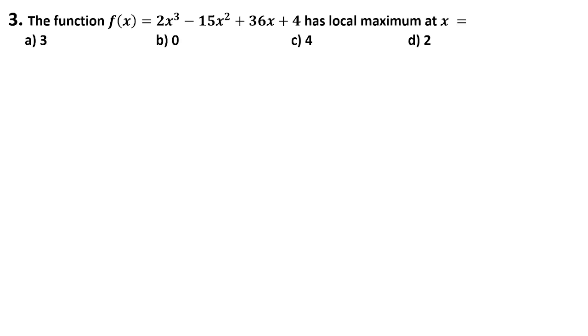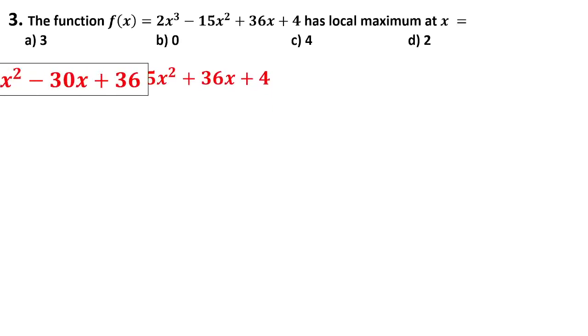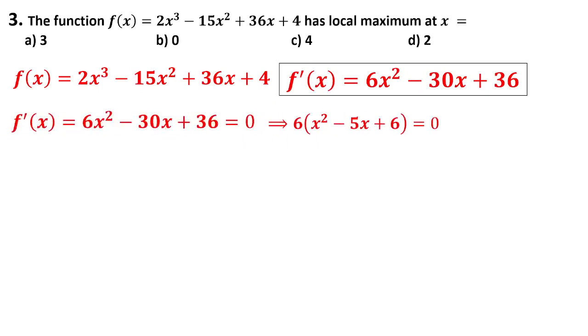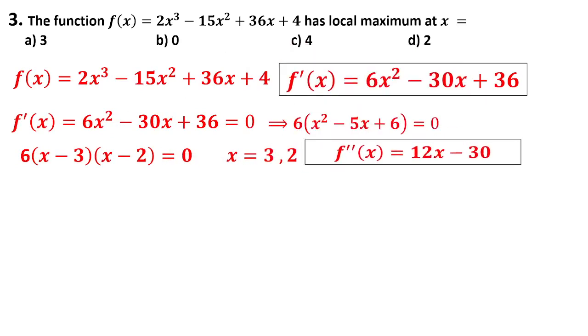Question number 3. We have to find at which x the function has a local maximum. For that, we find f dash of x and equate f dash of x to 0. We are getting the values 3 and 2.